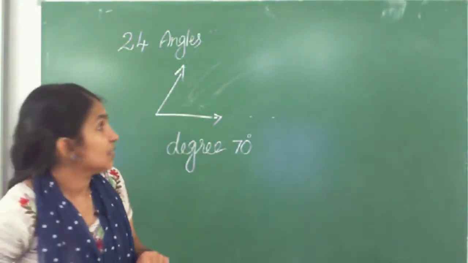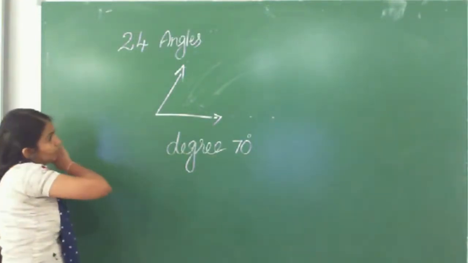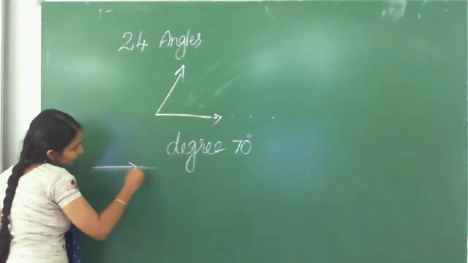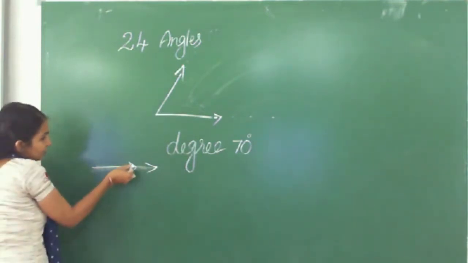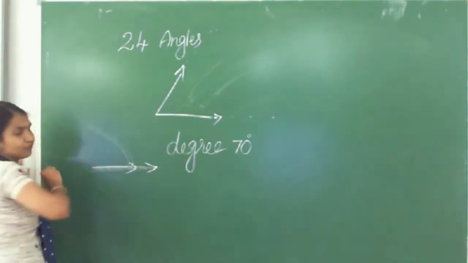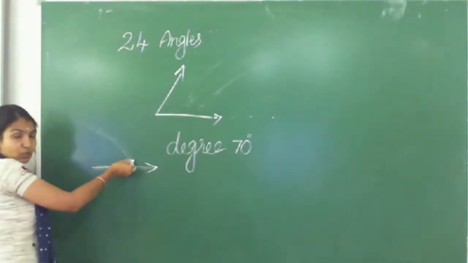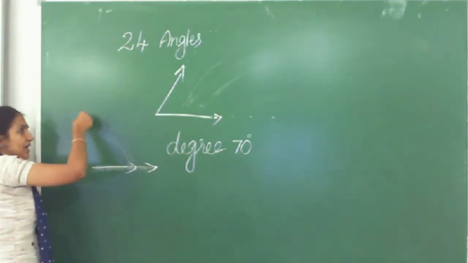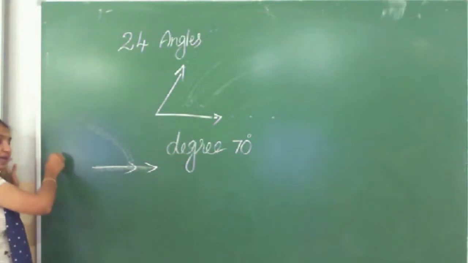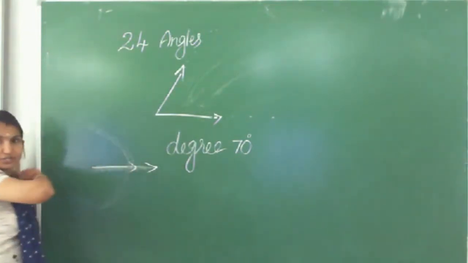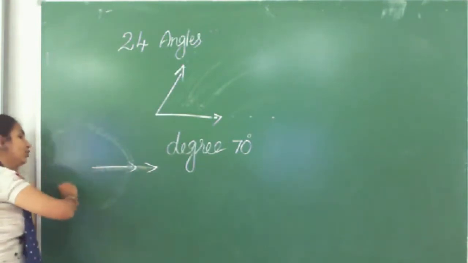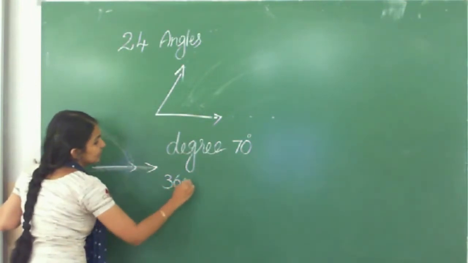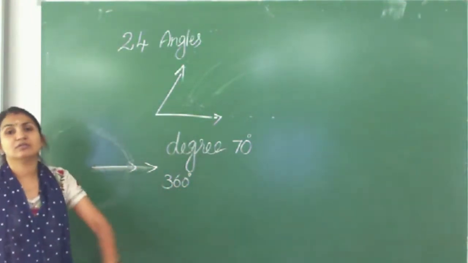In some cases, suppose a full angle, how can we say it? Suppose these two are in the same place, and from this one it is moving and then the angle is forming. From 0 it is moving towards 10, 20, 30, 50, 60, 80, 90, and it will come to this side, and when it completes one full rotation, its degree will be 360 degree, that is one full circle.